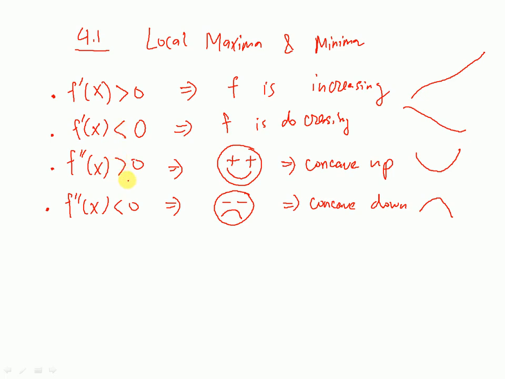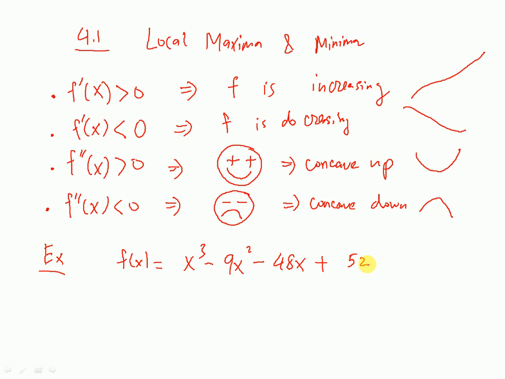But now let's take a look at this function. If I give you this function, f of x is x cubed minus 9x squared minus 48x plus 52.